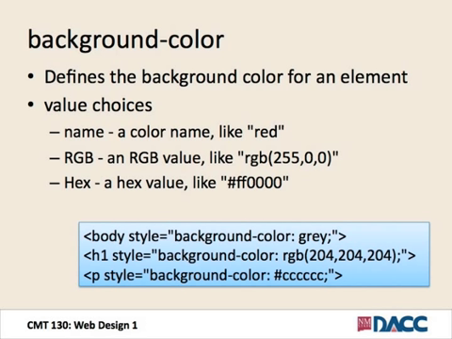Finally, the property background color specifies the background color for the element. Just like the property color, it can be specified as a name, an RGB value, or hexadecimal value. The 3 examples show an example of each.